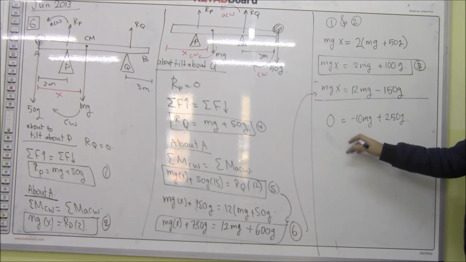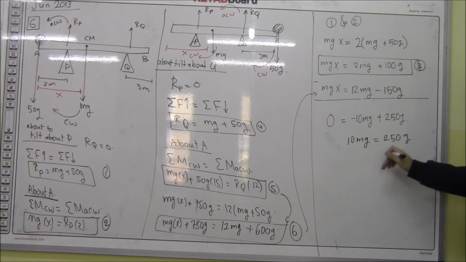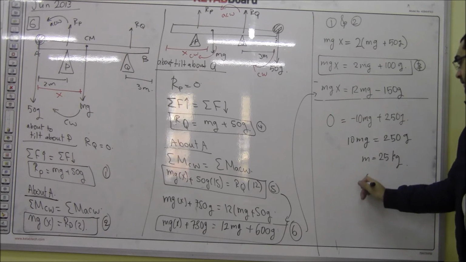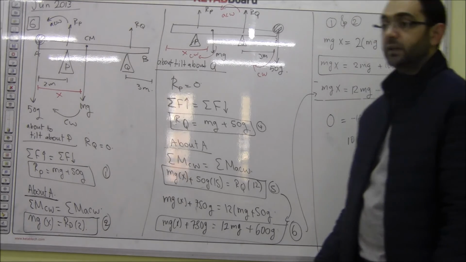In this way we can find 10 mg equals 250g. So m equals 25 kilograms, and substituting in any of them, X equals 6 meters. Okay, clear?